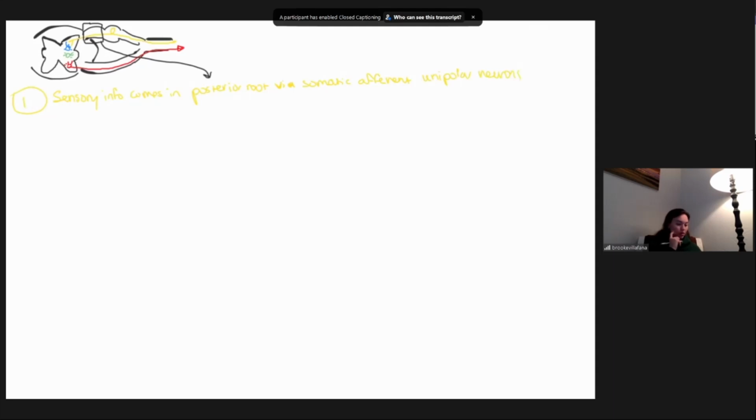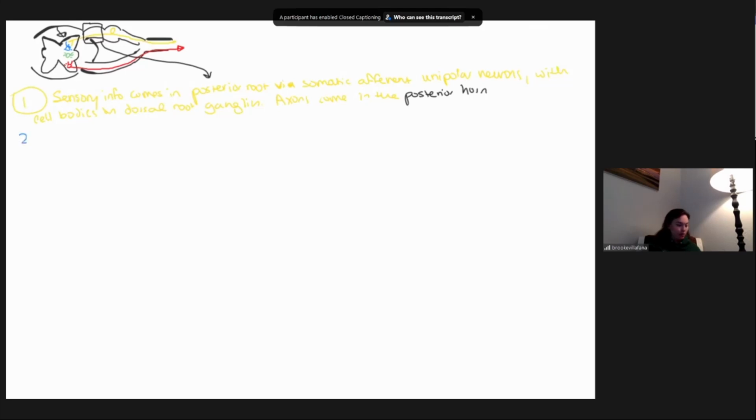So that's what those are: somatic, afferent, unipolar neurons with cell bodies in the dorsal root ganglion. Axons come in the posterior horn, which is this little part in the back. I'm going to draw a little arrow, posterior horn. All right, so that was step number 1.